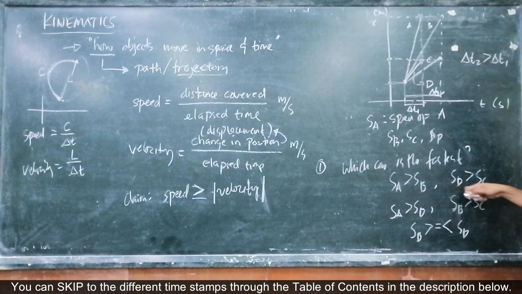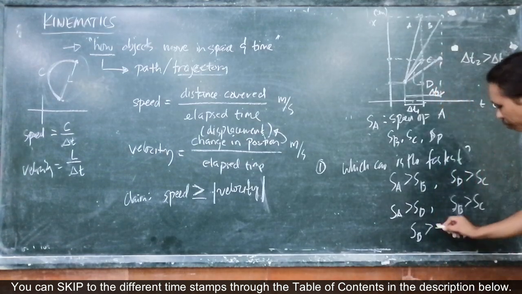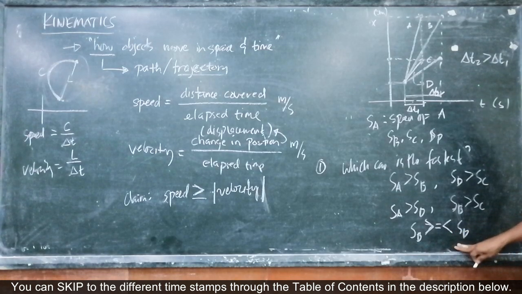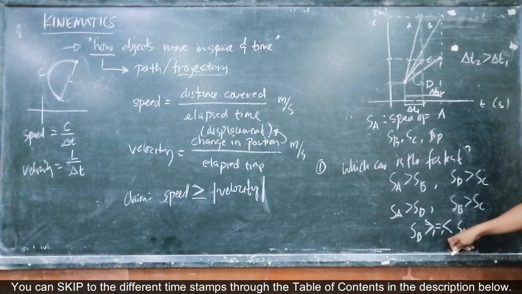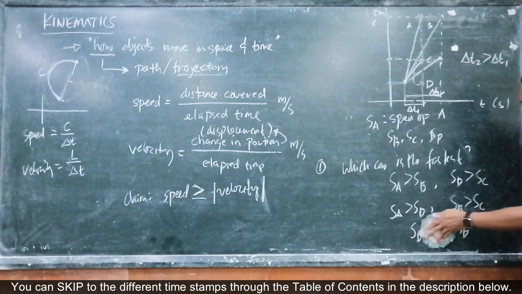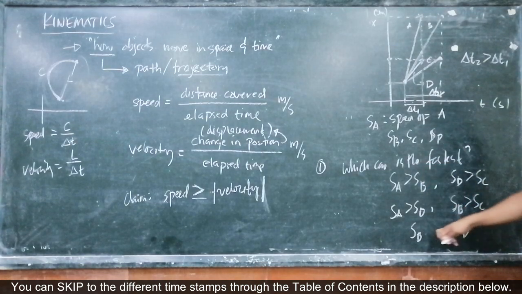How about SB and SD? Among the three conditions, greater than, equal, or less than? Can we assert this? And the answer is no. We cannot know. We can only know if they have values. But in general, if they don't have values, we cannot establish which one is faster, B or D.